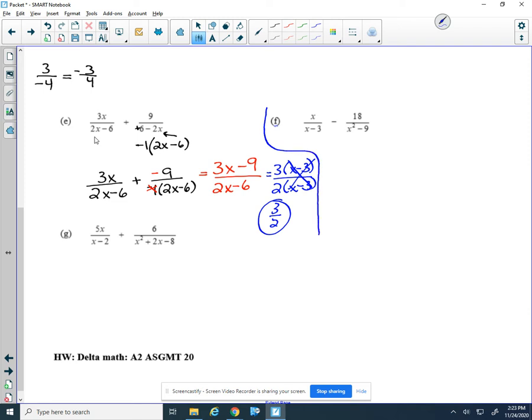Moving over to the next problem, we're going to start to look at things where one denominator is a factor of the other denominator. So these are both binomials, but my LCD doesn't need all of both of them. So I'm going to factor the second denominator.